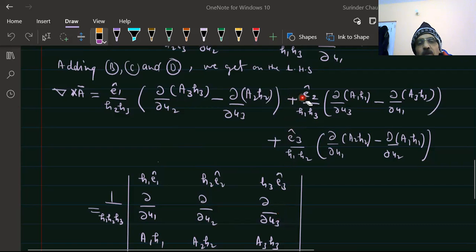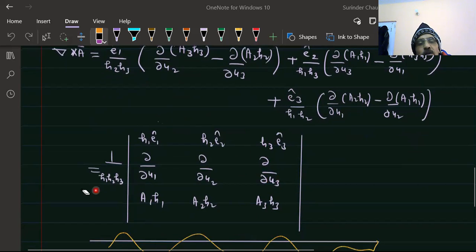The expansion gives e1 h1 times the partial of a3 h3 with respect to u2 minus the partial of a2 h2 with respect to u3, then minus e2 h2 times the partial of a3 h3 with respect to u1 minus the partial of a1 h1 with respect to u3, and so on.